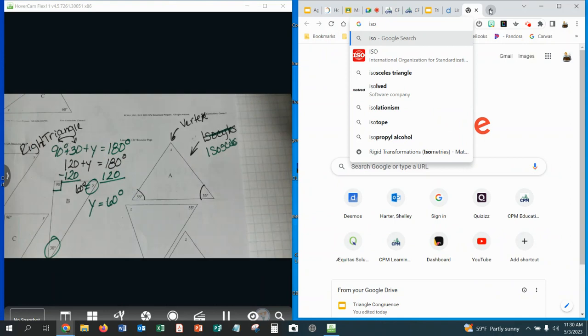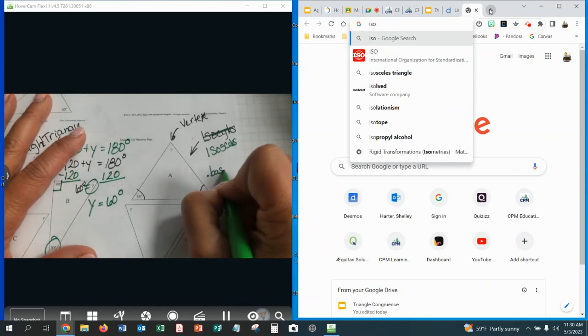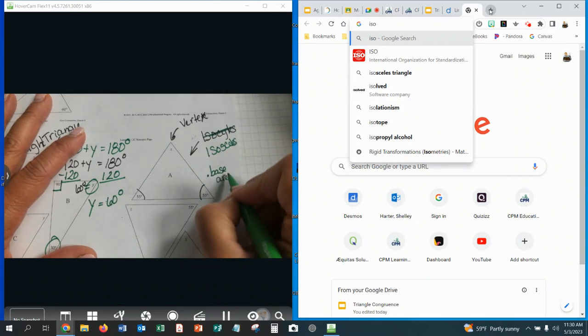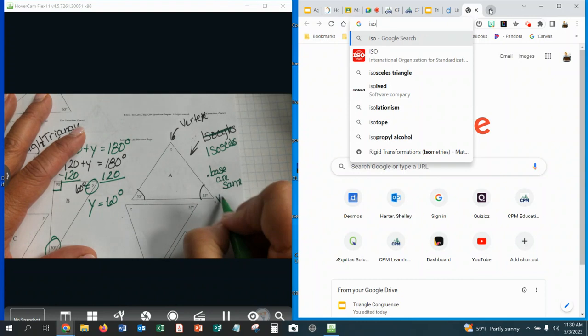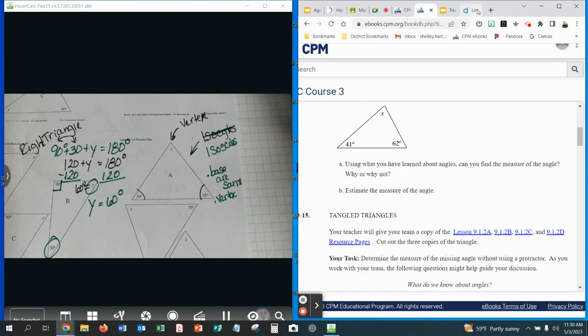There it is. Isosceles. All right, so first thing, bases are the same. So these two numbers right here, bases are the same. And it has a vertex. Okay, cool. And the vertex is going to be completely different. All right. Good job, everybody. Isosceles triangle.